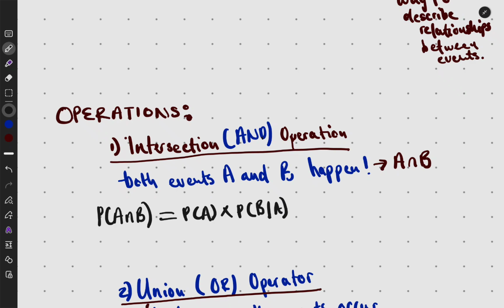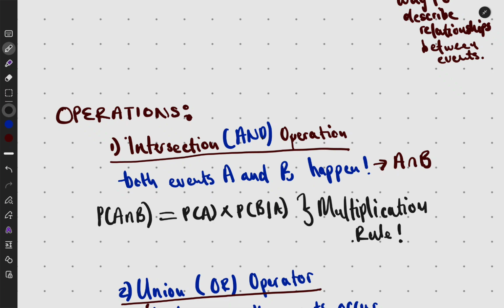This is the general form of our multiplication rule, which is what we use when we are dealing with the AND operation. We'll see how to work with this multiplication rule depending on the different situations which we may have from these compound events.